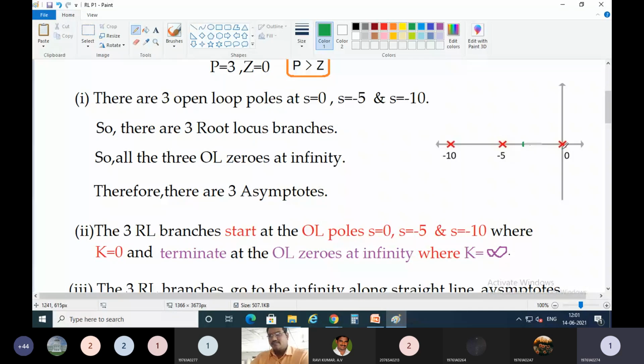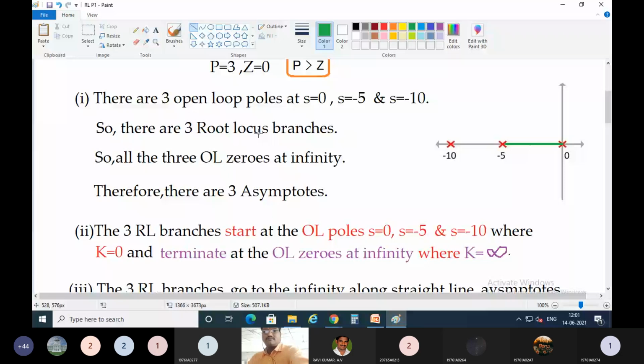One pole only. And that is odd number. So odd number means according to the rule, the root locus exists between these two.